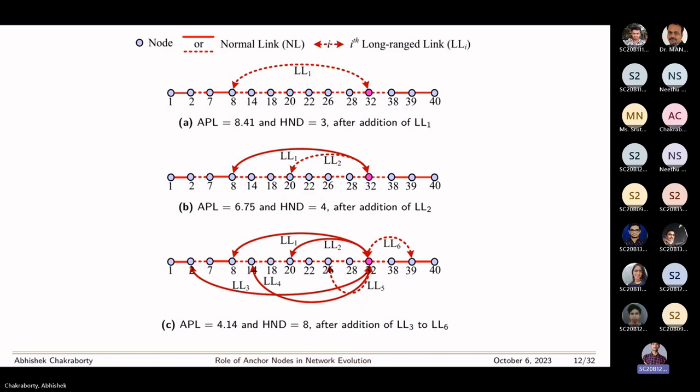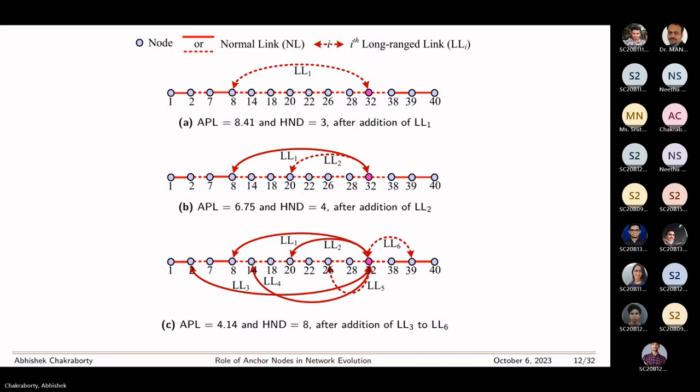Sir, at what position the node is situated out of the total number of 40 nodes. Yes, you are correct. So what is the fractional location for node 8? 8 by 40 means 1 by 5, almost 0.2, right? And for 32? 32 by 40, 4 by 5, 0.8.